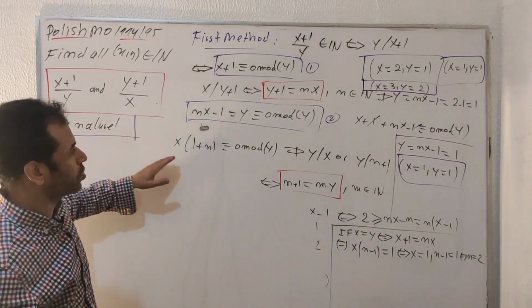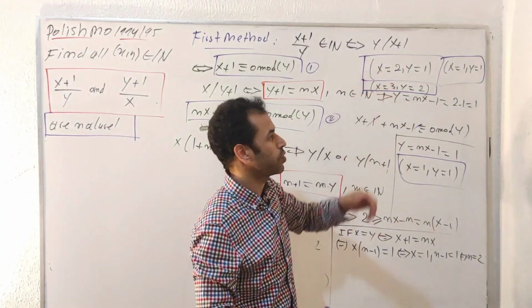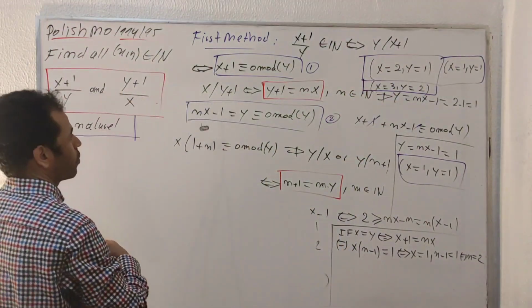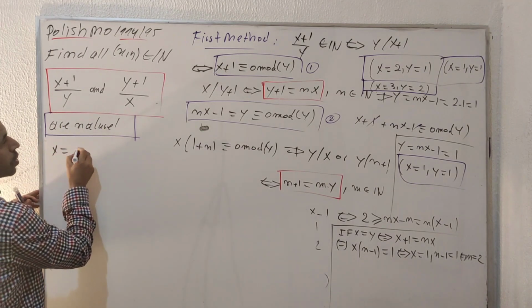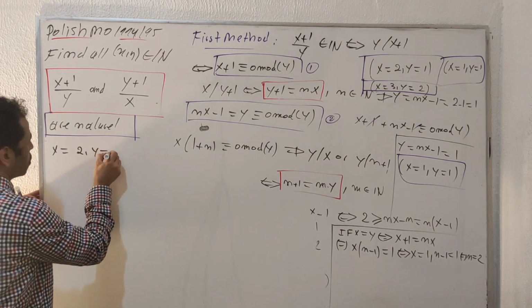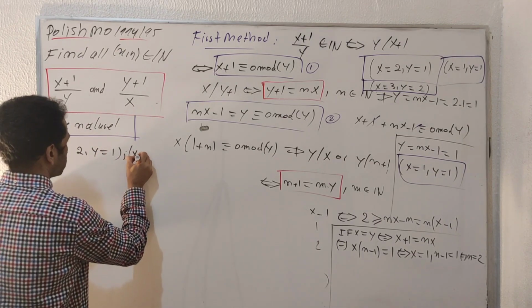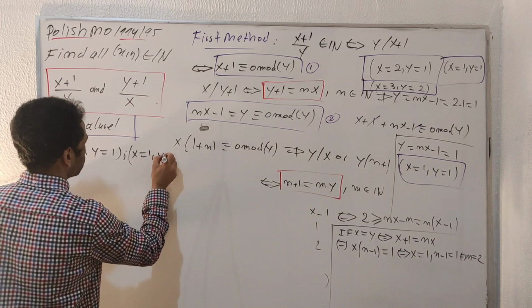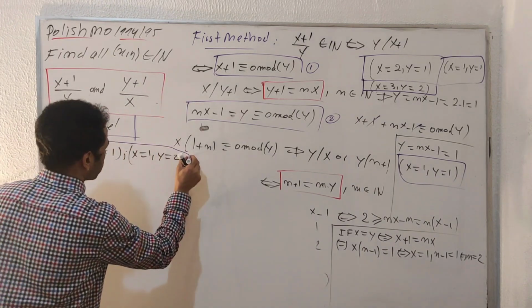Don't forget we have a symmetry here, so I'm going to take this pair of the solution and make a copy of this one. So the solutions will be the following. The first solution, I will have x equals 2 and y equals 1. So by symmetry I will have x equals 1 and y equals 2. Here is the first pair of the solution.